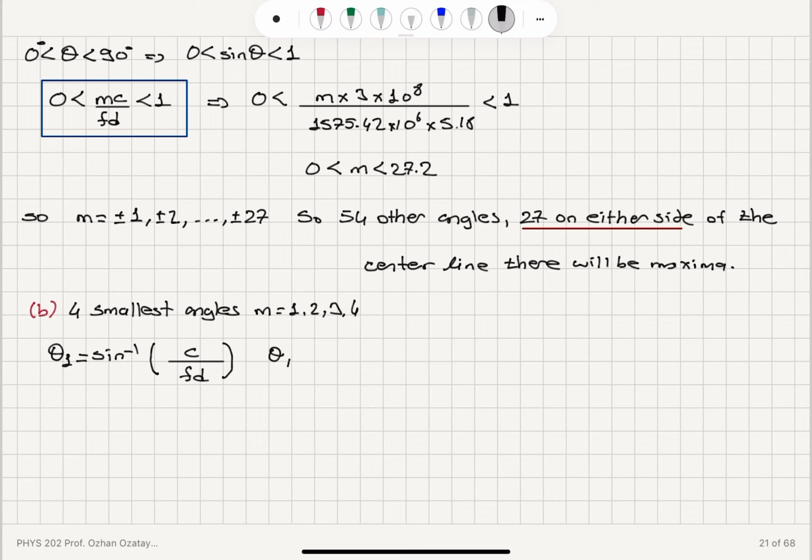So theta 1 will be sine inverse of 3 times 10 to 8 meters per second divided by 1575.42 times 10 to 6 hertz times 5.18 meters. So this gives me a theta 1 of 2.11 degrees.